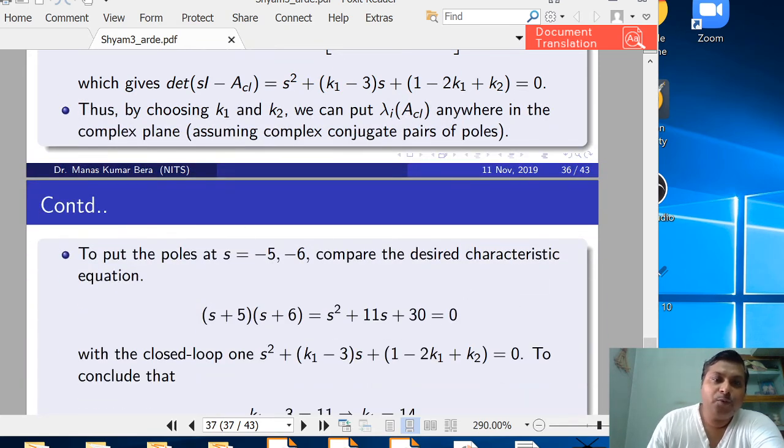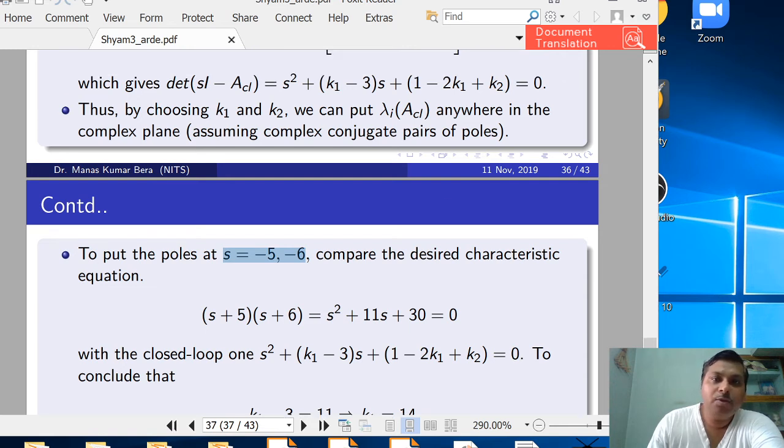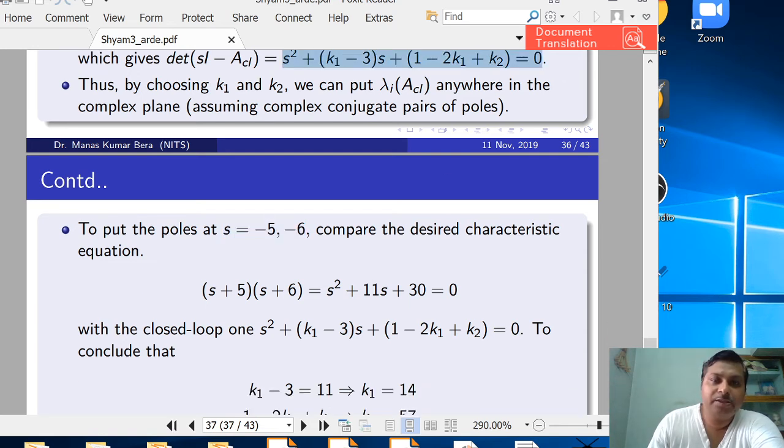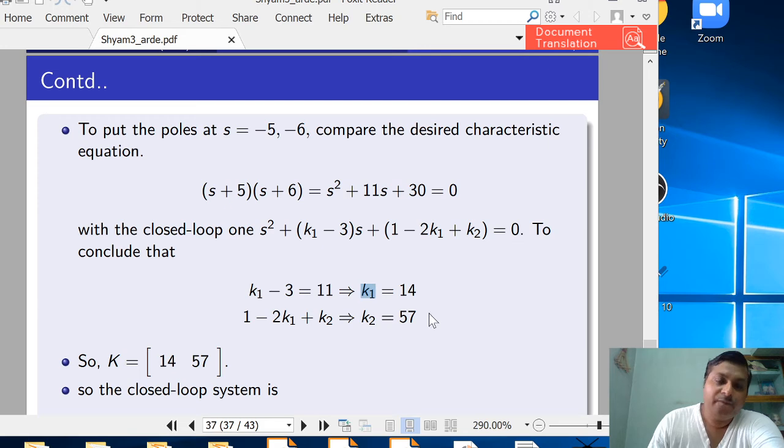Now if we want to place the poles at minus 5 and minus 6, then the desired characteristic equation will be s square plus 11s plus 30 equal to 0. Now we compare this equation with the previous equation to find K1 and K2. So we find that K1 is 14 and K2 is equal to 57. It is very clear that with this gain, the poles of the system will be shifted to minus 5 and minus 6.